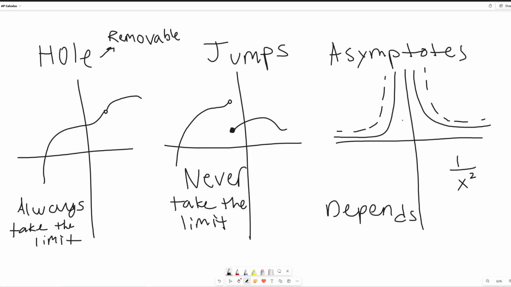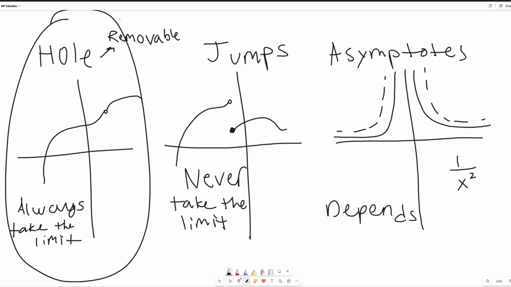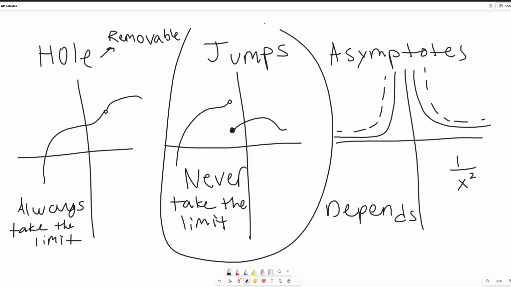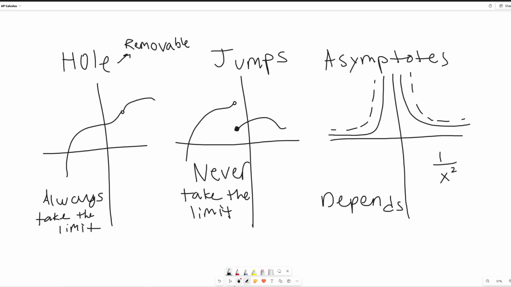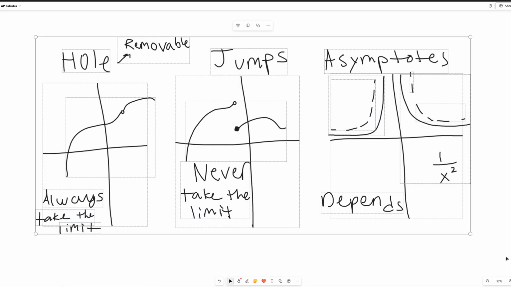As long as the rule is satisfied, that is the same from the left and the right, you can take the limit. Here, it will always be satisfied. Here, it will never be satisfied. And then here, it depends on the direction of the asymptote. That is the main takeaway from these discontinuities.